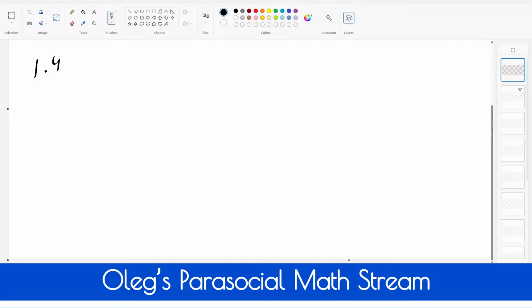And next, let's expand this one: 4p plus 9 squared. That's going to be 4p plus 9 times 4p plus 9.